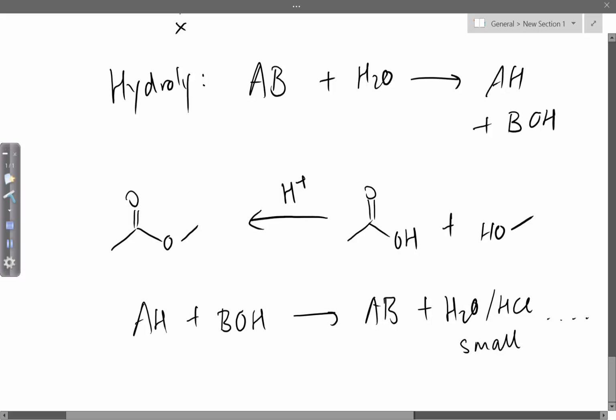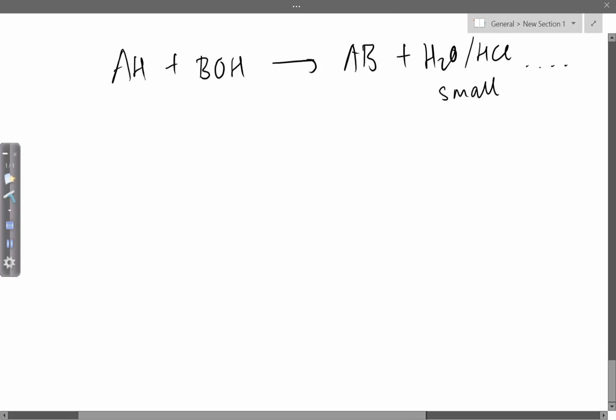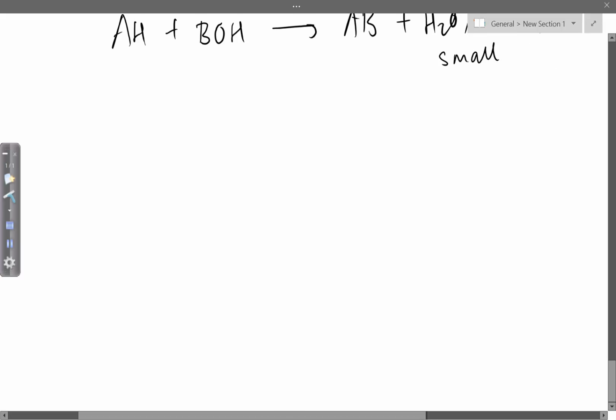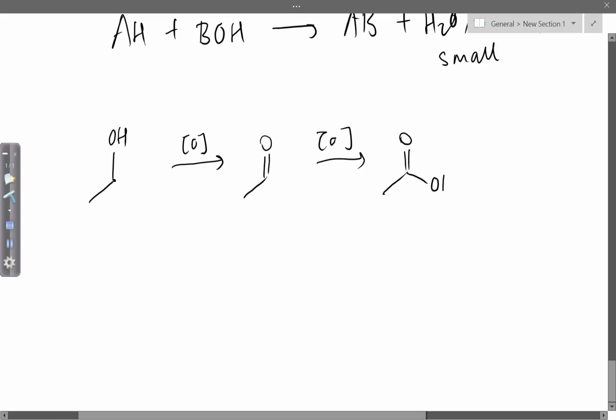Next is oxidation. For this, I already taught you how to obtain the oxidation states. So if let's say you have a species like this, an alcohol, if you were to oxidize it, you will get an aldehyde, and if you were to oxidize it further, you will get a carboxylic acid, right?